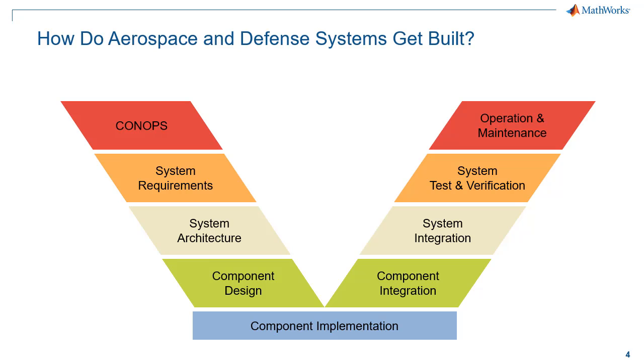Now, for smaller programs, this process may be very informal, but there are many large programs that this development cycle is going to span multiple years for. There are going to be thousands of engineers working across multiple organizations on different pieces of this puzzle.